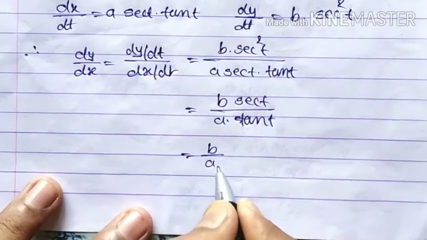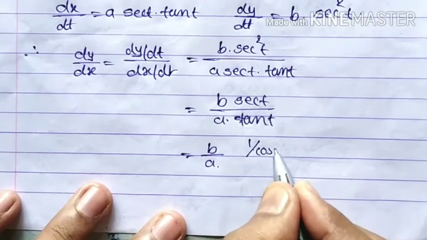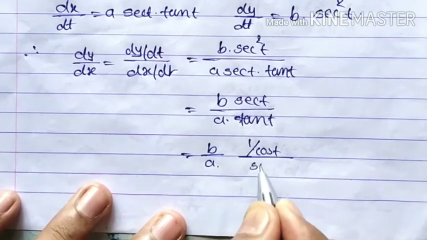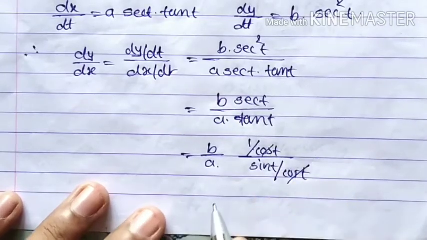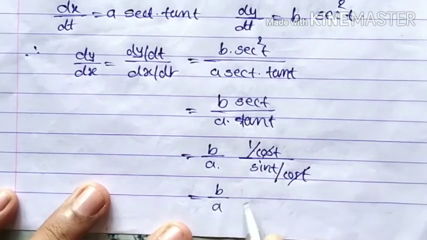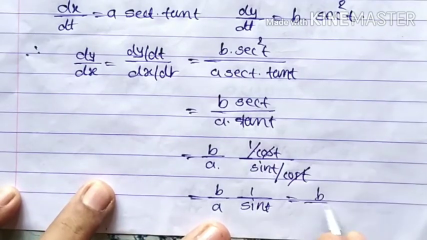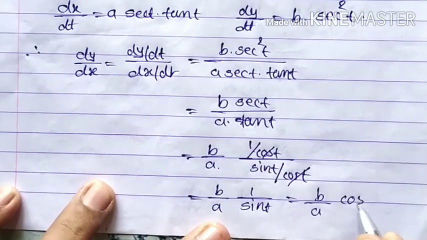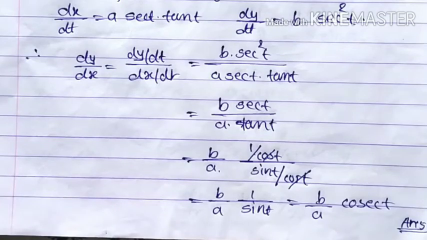Similarly, b by a we can take out, and sec is 1 divided by cos of t, tan is sin divided by cos of t. When cos t is cancelled, b upon a, this is 1 upon sin of t remaining, and 1 by sin can be written as b upon a into cosec of t. So this is the answer to your question, the derivative of y with respect to x.